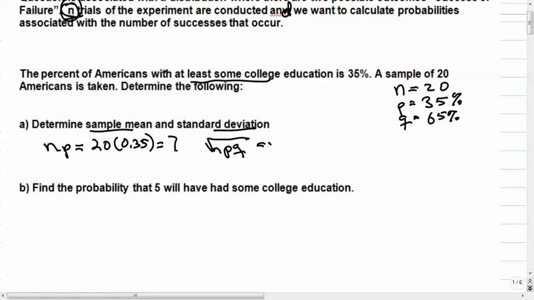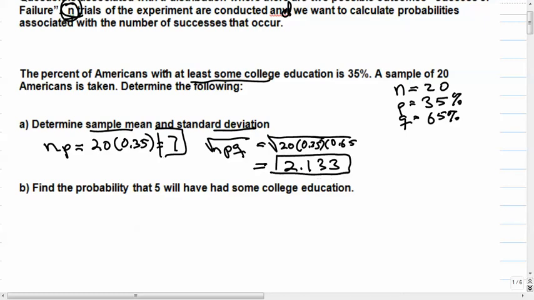And so when you take the square root of 20 times 0.35 times 0.65 and you do your math, you're going to come out with 2.133. So the mean is 7. The standard deviation is 2.133.